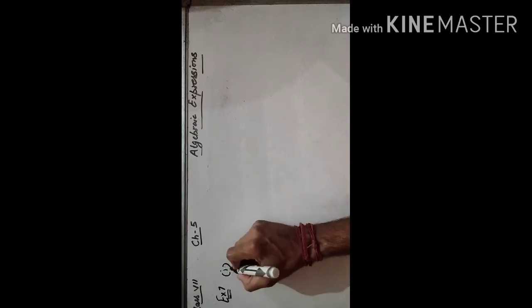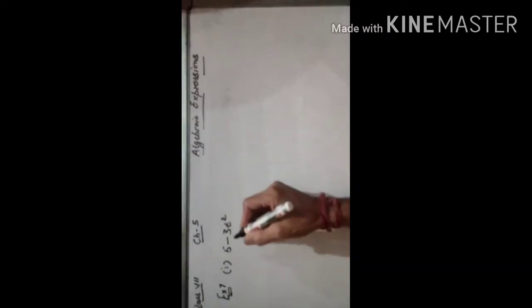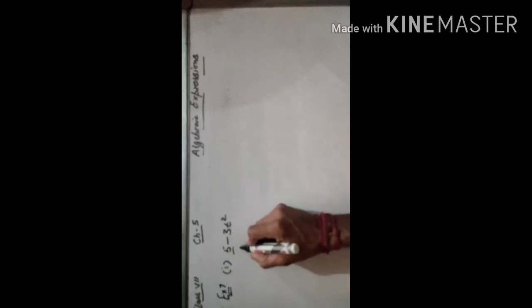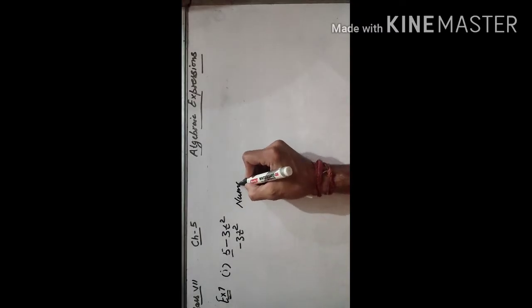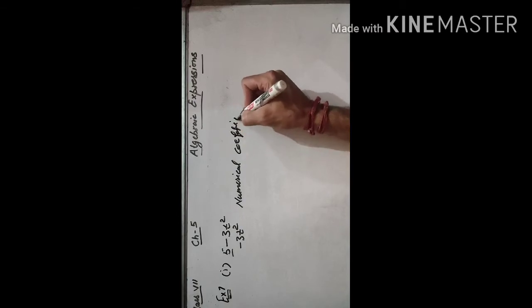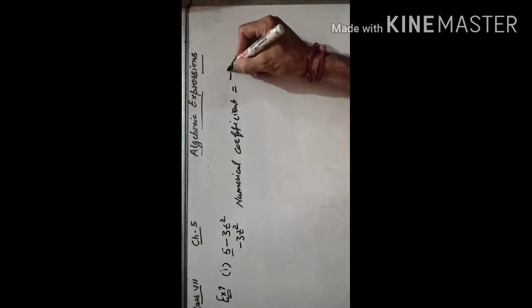First part is 5 minus 3t square. So 5 is a constant term, leave it. Now the next term is minus 3t square. The numerical coefficient of this is equal to minus 3.